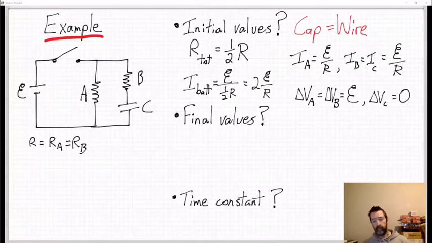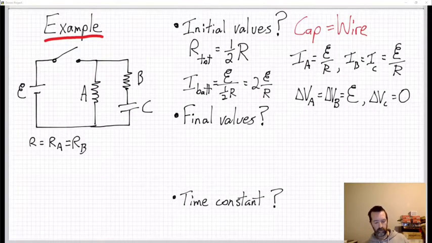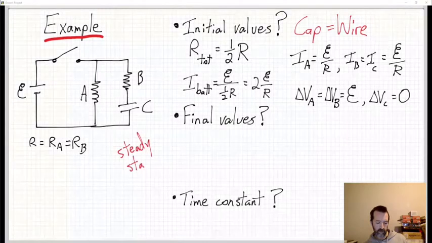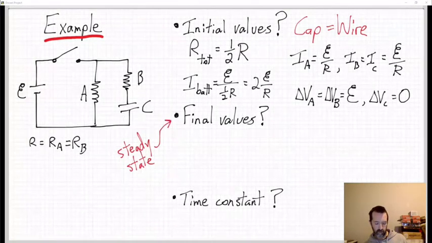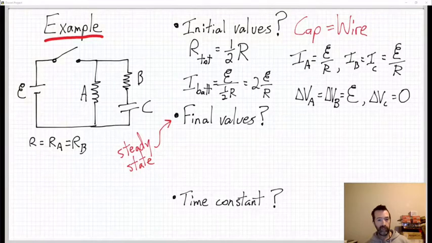In the final case, this is often called the steady state, because if you wait long enough, the system stops changing. It reaches some fixed static state, so I call that a steady state.